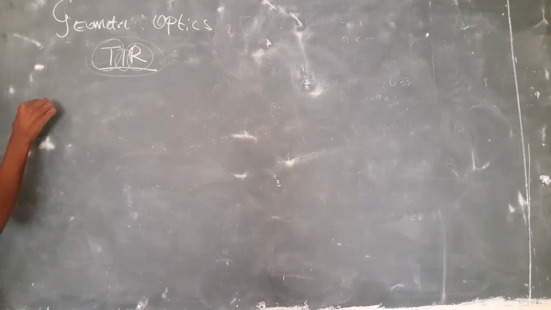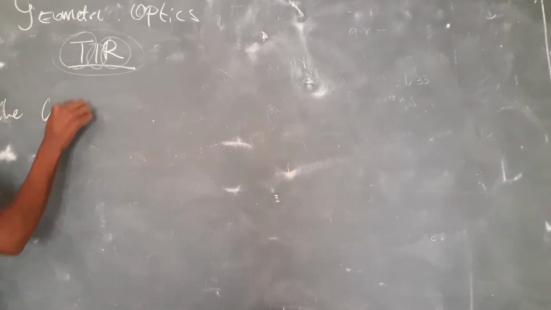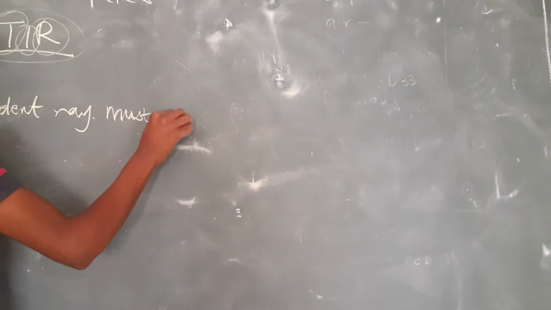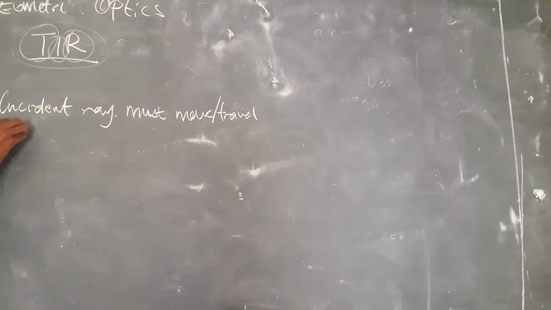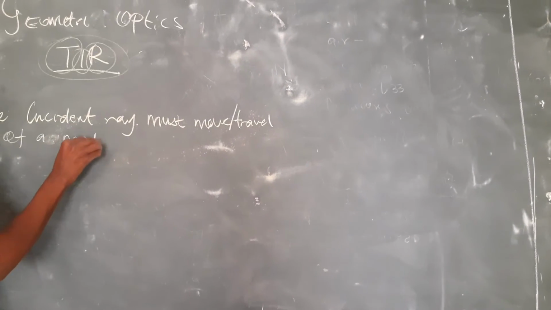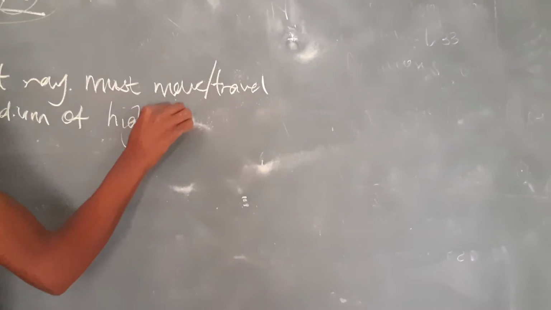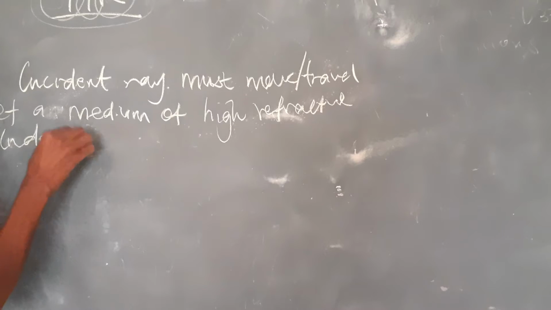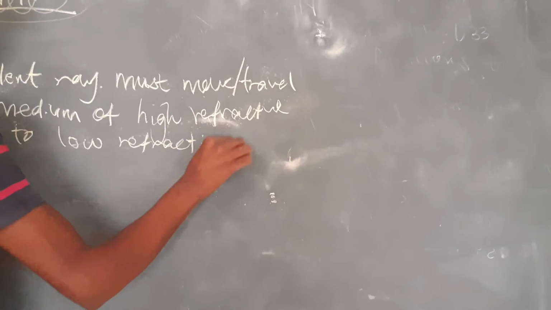The laws of total internal reflection are that the incident ray must move or travel from a medium of high refractive index to low refractive index.